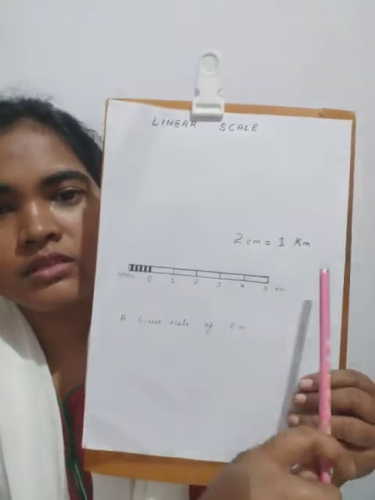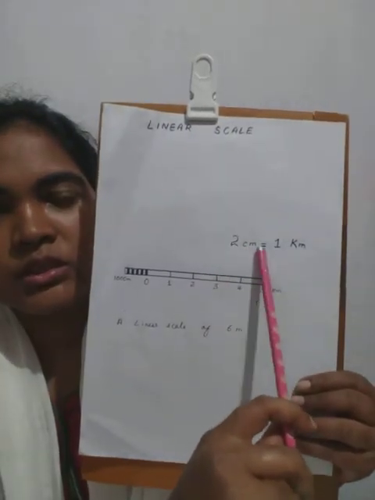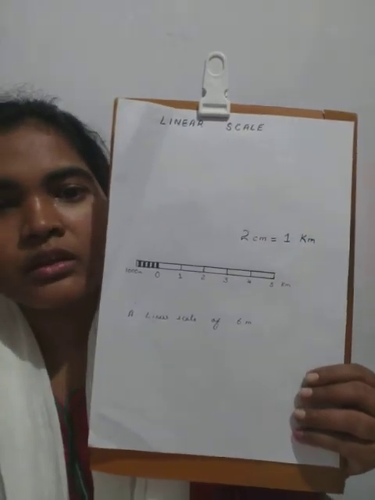For example, if we take a statement 2 centimeters equals 1 kilometer, that means 2 centimeters on the map equals 1 kilometer on the ground. So it is drawn in such a way. See, we have this statement here, 2 centimeters equals 1 kilometer.